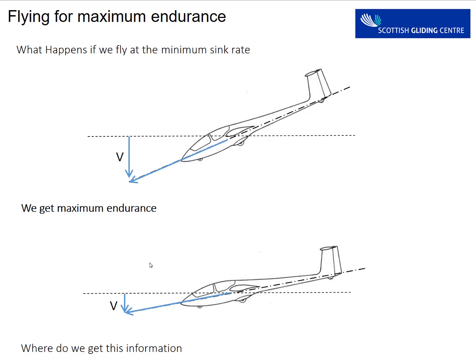Now what we notice here is that the glide angle that we use for maximum range is not the same as the glide angle we would need for maximum endurance. And what we would find is that the speed at which we fly for maximum endurance is about 76% of the speed that we would fly for maximum range.